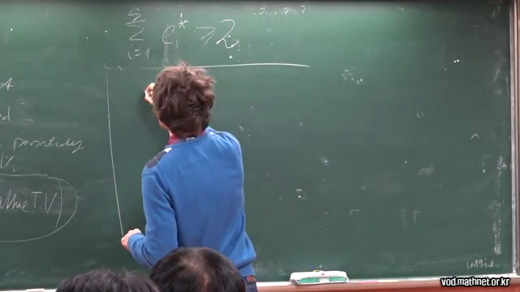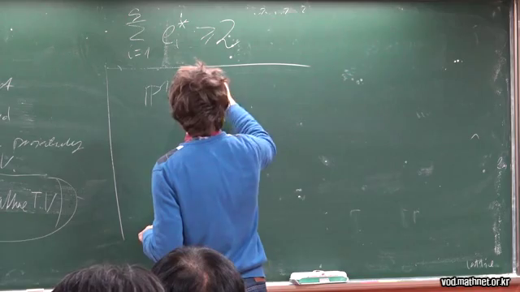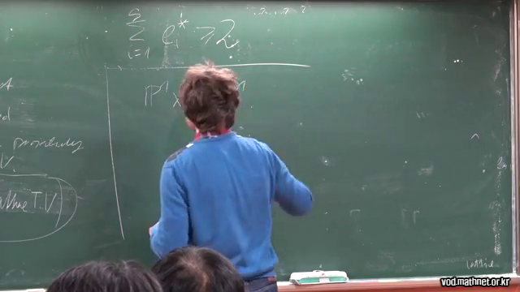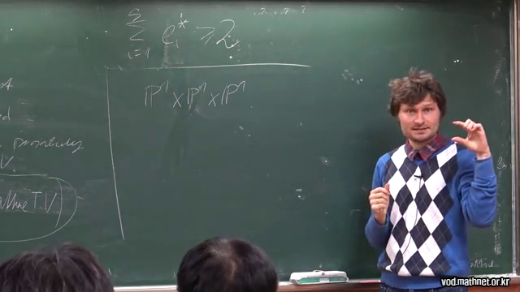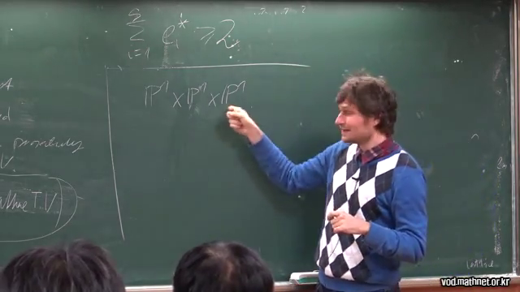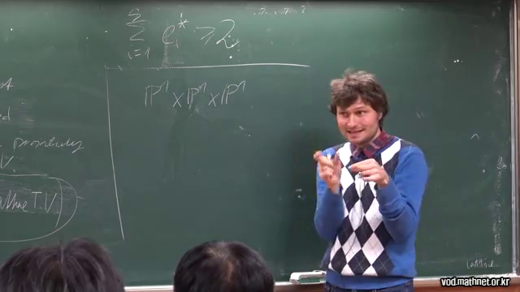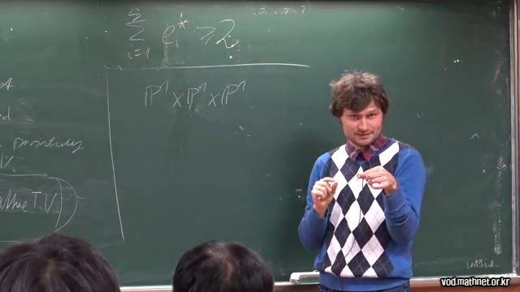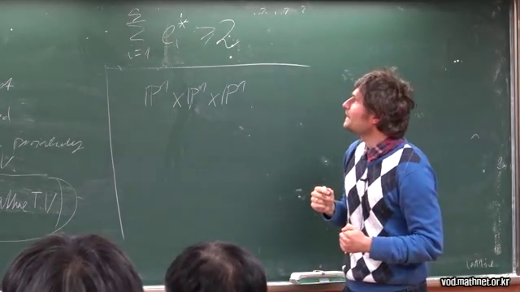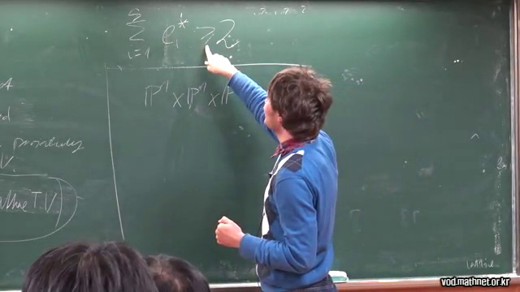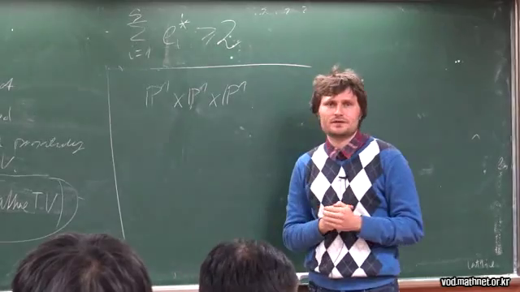Okay, so the first one is P1 times P1 times P1. P1 corresponds to a segment. So P1 times P1 times P1 corresponds to a unit segment times a unit segment times a unit segment. So it's a three-dimensional cube. Now, what happens when we cut with this?